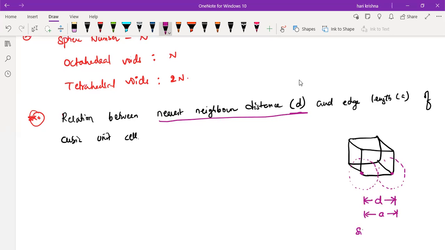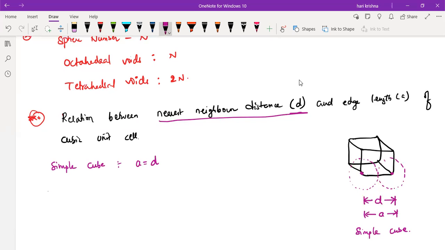In the case of a simple cube, yes or no? So in the case of a simple cube, the nearest distance between the two atoms is equal to the edge length. So simple cube: A equal to D, where D is the nearest distance.